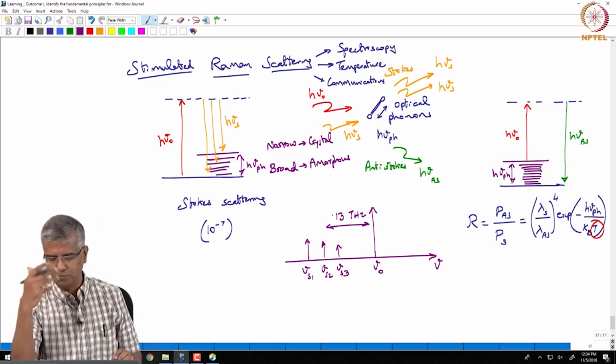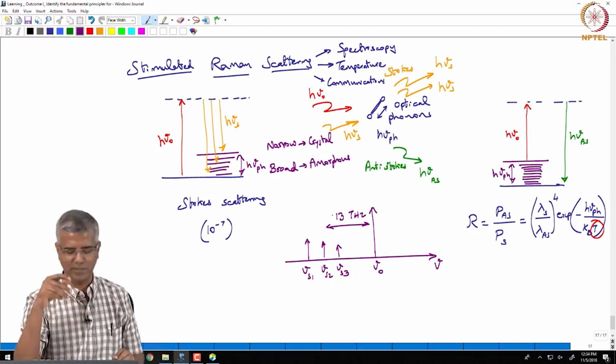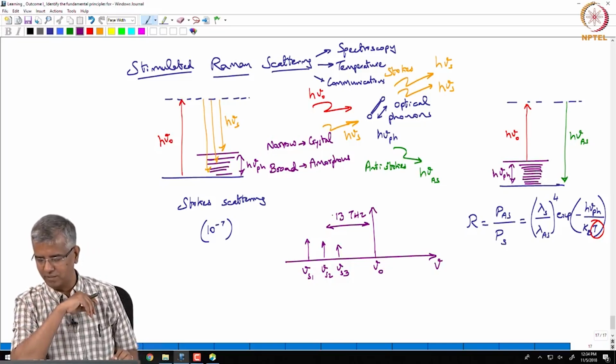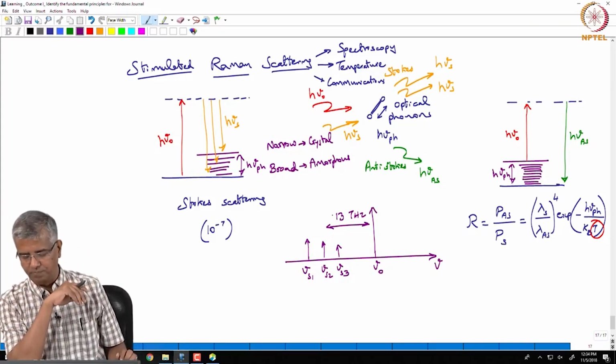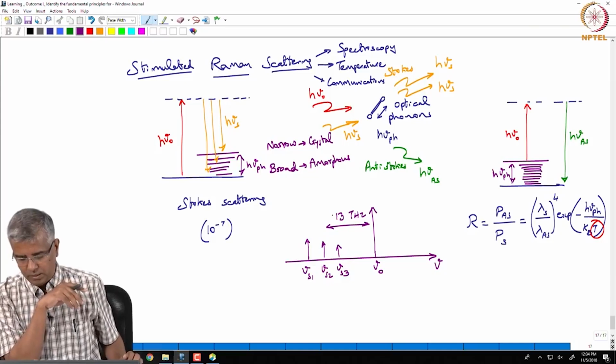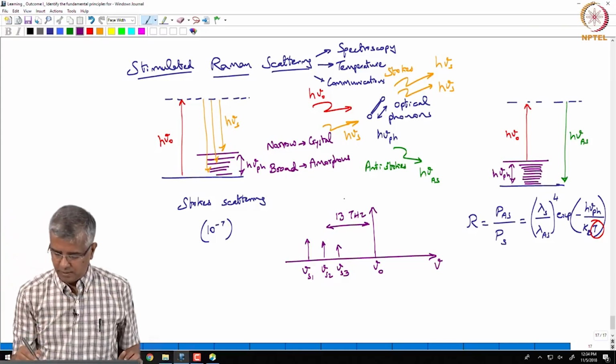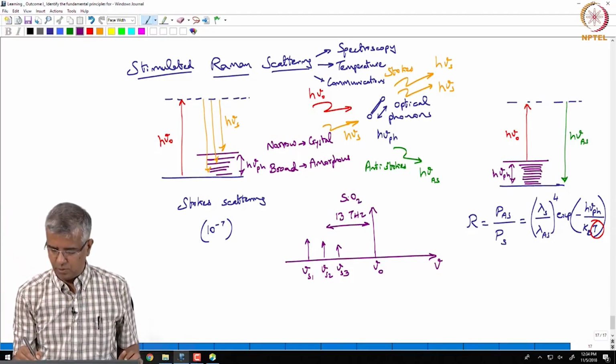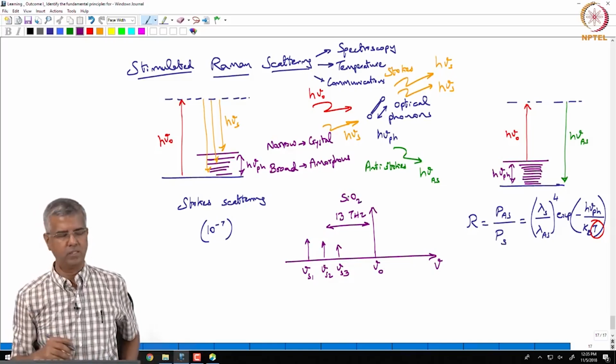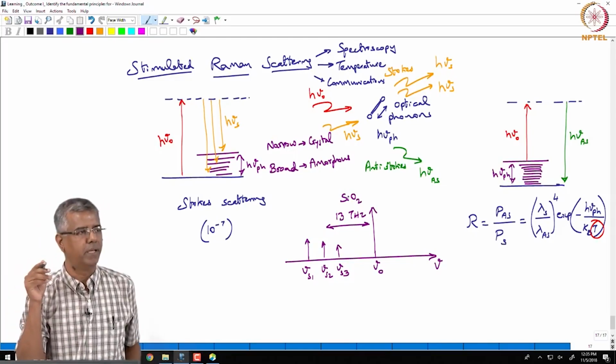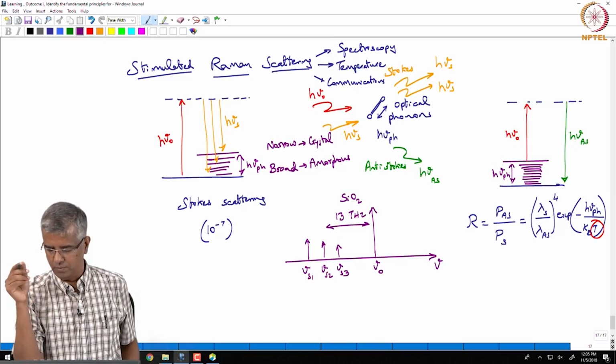So, you can figure out what it is in wave numbers. This is for SiO2, and of course you would expect this to be different for different materials.